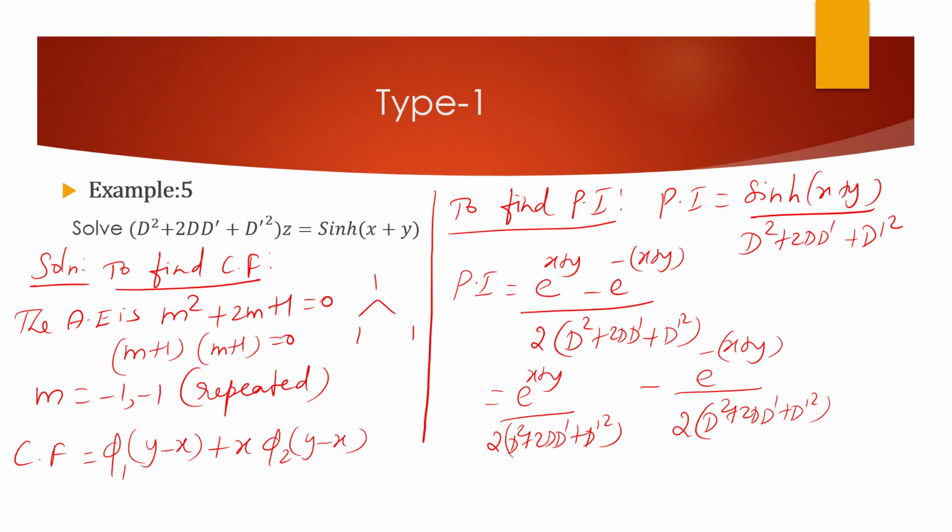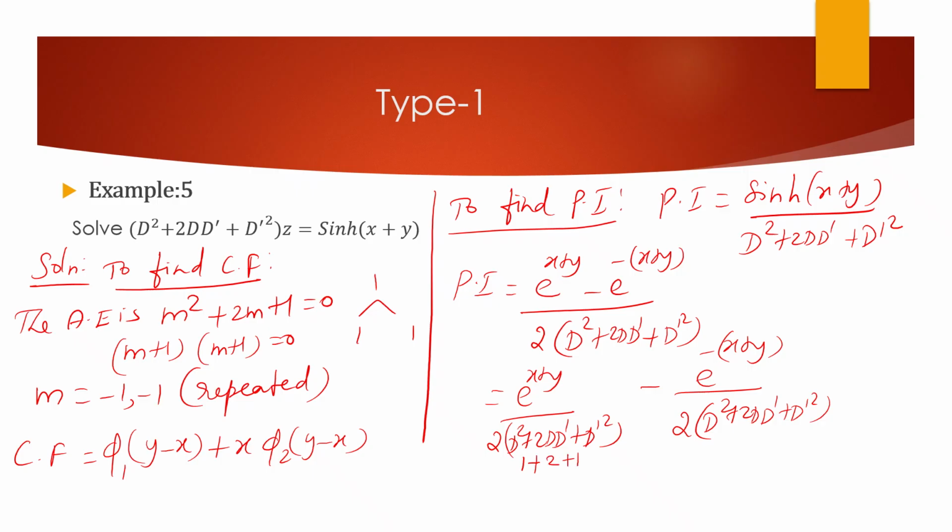Now substitution of this gives, in the first term, when you replace d by 1, the denominator is 1 plus 2 plus 1.